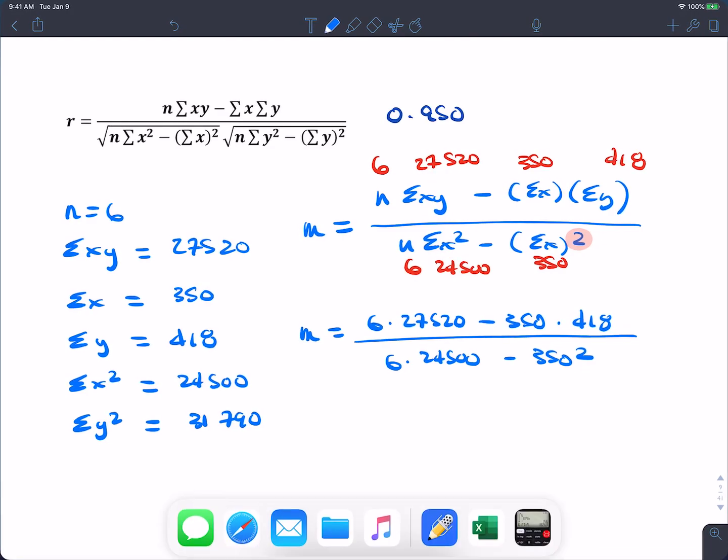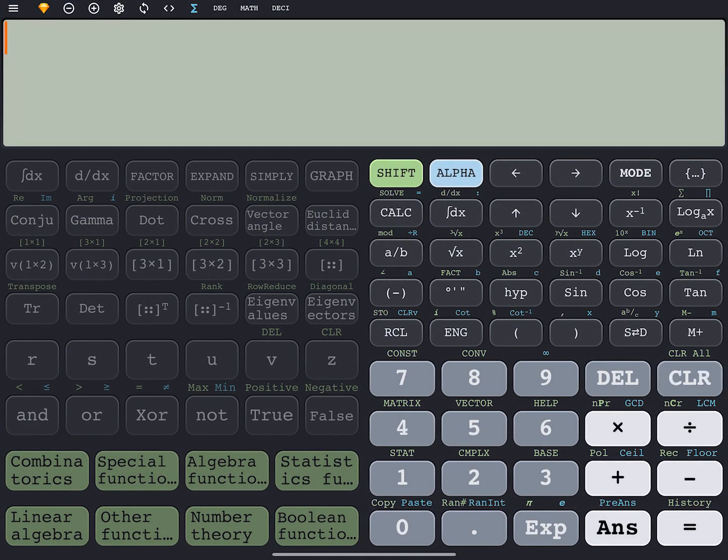All right, let's find out. What do we enter first? 6 times what number? 27,520 minus 350 times 418. Close that. Divided by, that's weird.